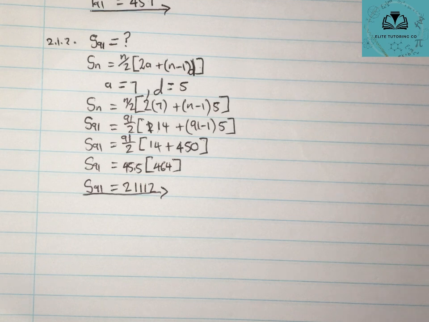Now notice how for these types of problems all we have to do is to find the formula, that is the formula for the general term, or for the sum to n terms, or in some cases when you're dealing with geometric series, the sum to infinity.